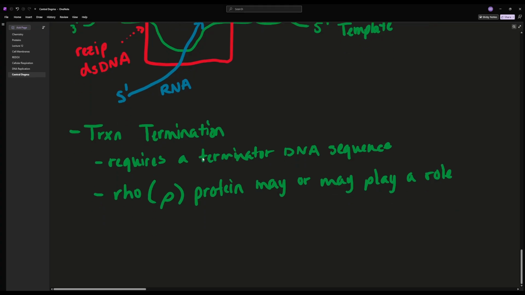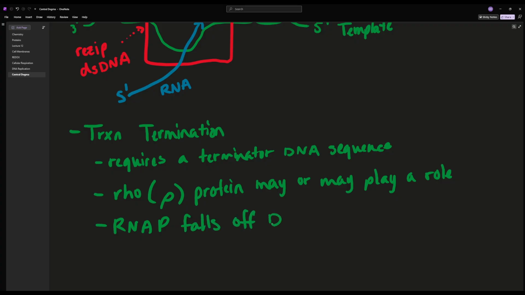All right. So once we've terminated, what's going to happen is the RNA polymerase falls off DNA, releasing the RNA transcript.